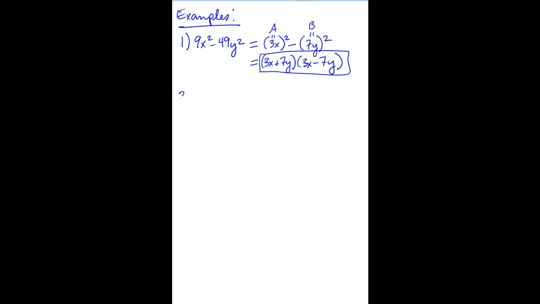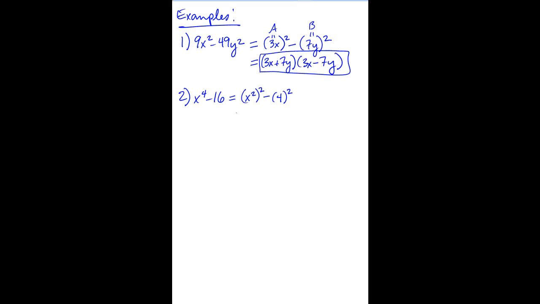Let's try another example. What about x to the fourth minus 16? Initially that x to the fourth doesn't look like a square, but we can rewrite it as a square, right? Because x to the fourth can be rewritten as x squared squared. And 16 can be rewritten as 4 squared.